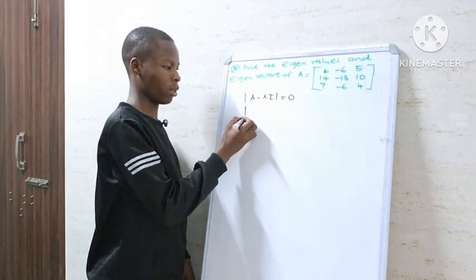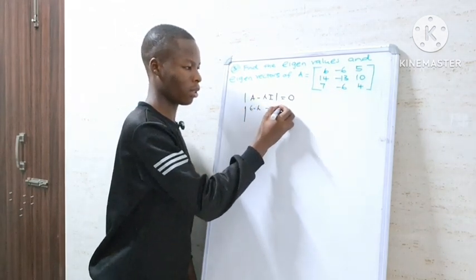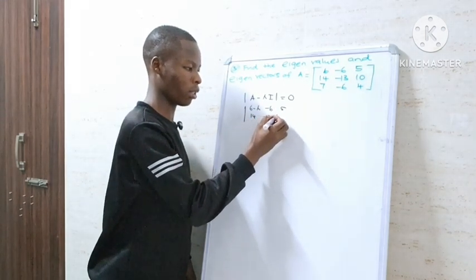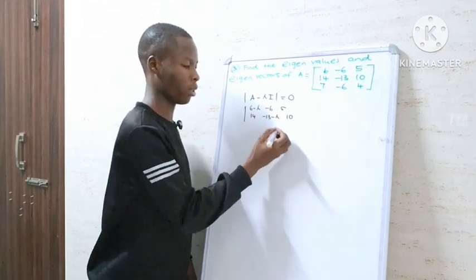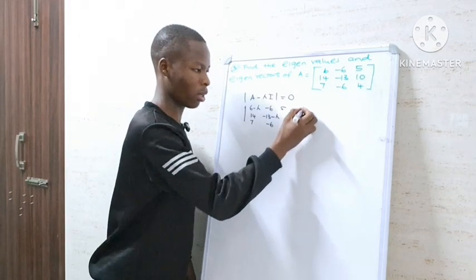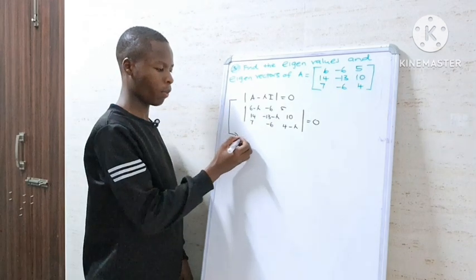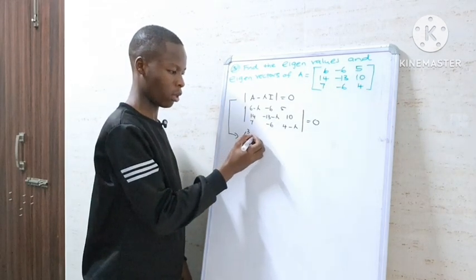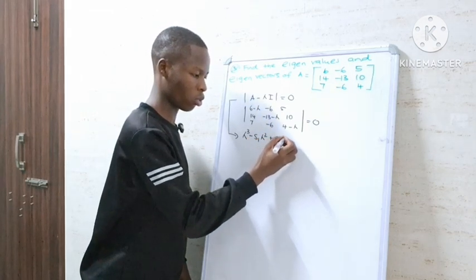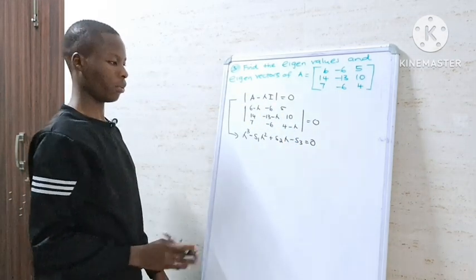Okay, this is the determinant with rows 6 minus lambda, minus 6, 5; 14, negative 13 subtract lambda, 10; 7, negative 6, 4 subtract lambda, equal to 0. This reduces to lambda cubed minus s1 lambda squared plus s2 lambda minus s3 is equal to 0.